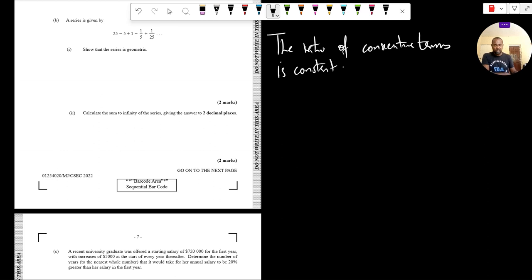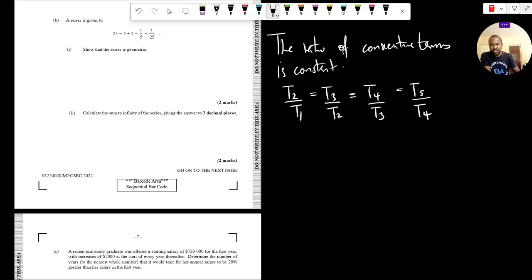For a geometric series, if we take consecutive terms, say t2, and we divide by t1, we should get that to be equal to t3 divided by t2, which should also be equal to t4 divided by t3, which should also be equal to t5 divided by t4, and so on. So if you can basically find the ratio of consecutive terms, and those ratios are equal, then it means that these terms are in geometric progression, or they form a geometric series.